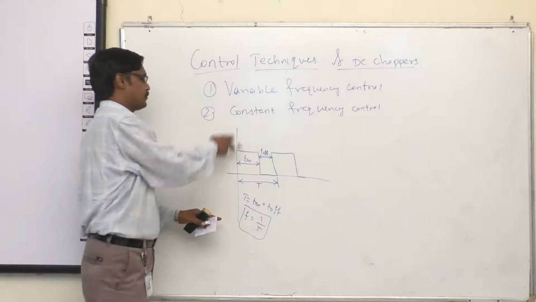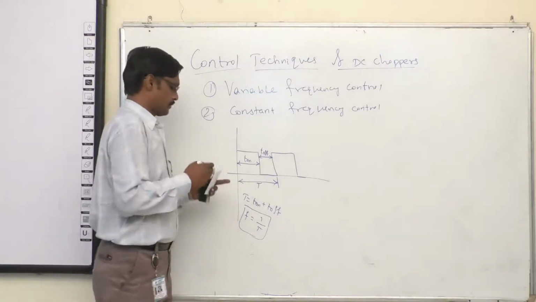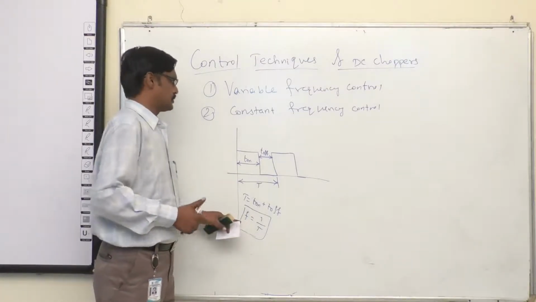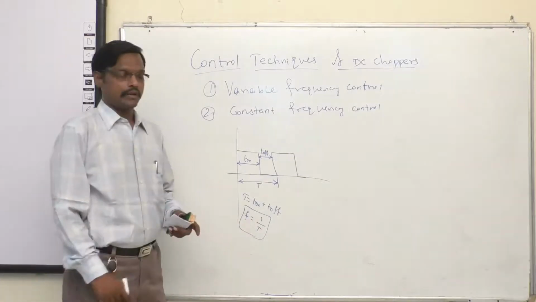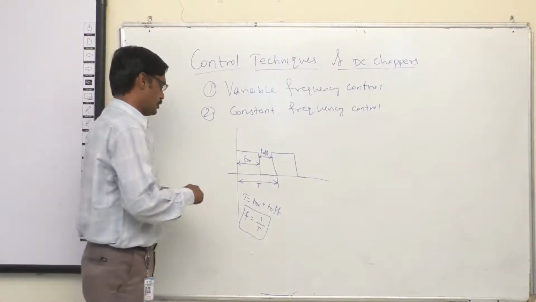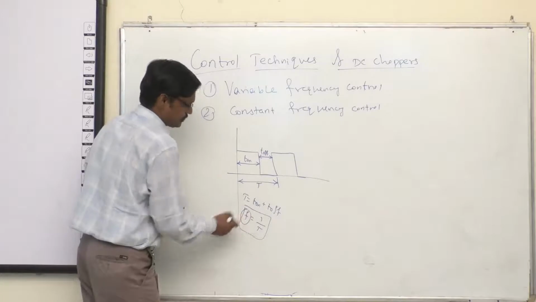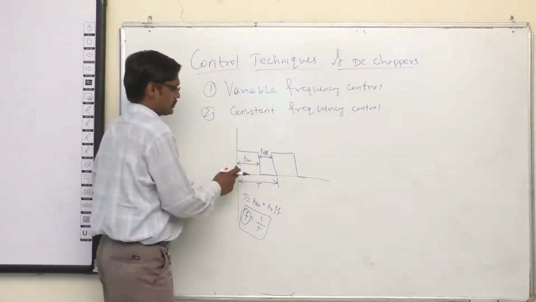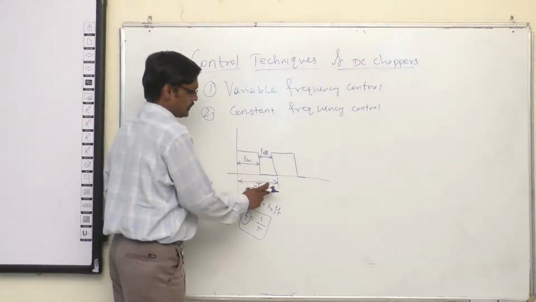This control technique is classified based on this frequency. First, in variable frequency control, we are going to change the frequency of these switching pulses. So we are going to change the T.